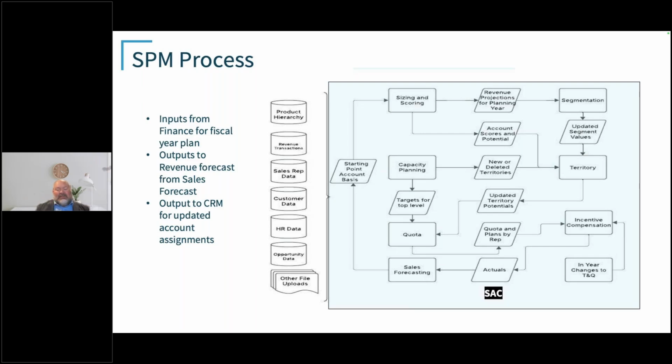And essentially, there are two ways to go about setting quotas now. A lot of companies that are maybe small enterprise to mid-market and below usually use one of two methodologies that's really not account-based.